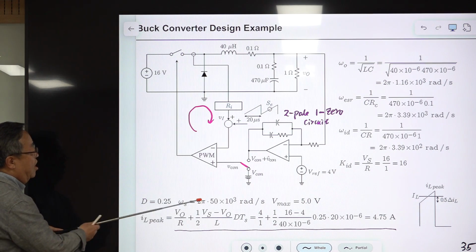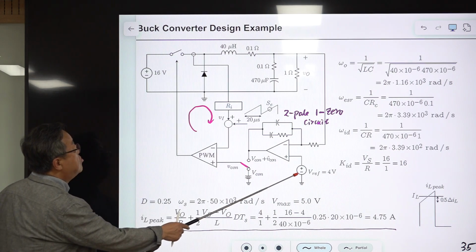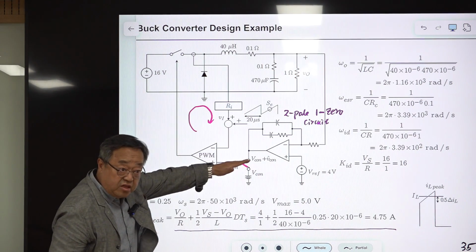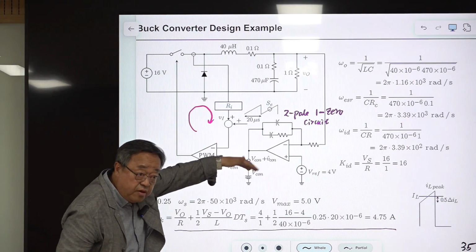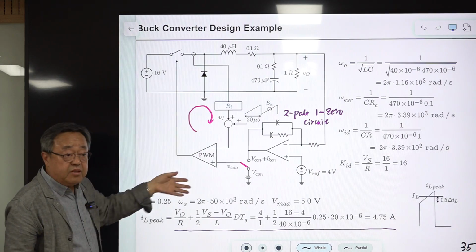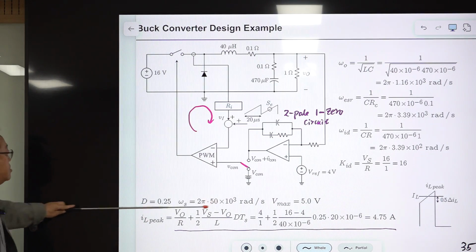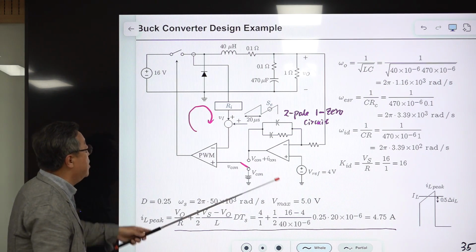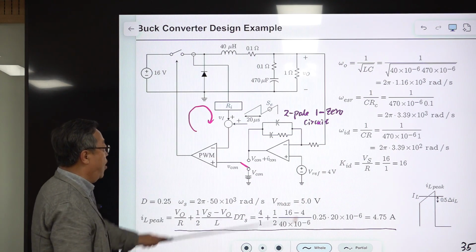D is 0.25 because this is 4 volts, and eventually this will be regulated if this is connected like this. We connected it in this direction for the conceptual display of the voltage loop design. So D is 0.25, there is the switching frequency, and the maximum value allowable for this chip is assumed to be 5 volts.